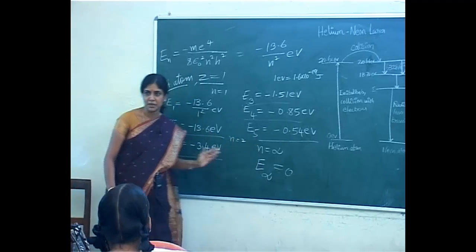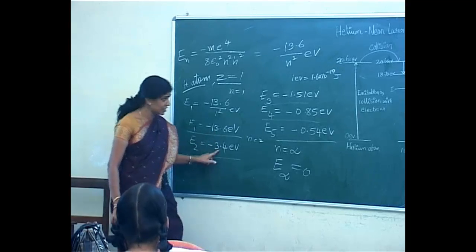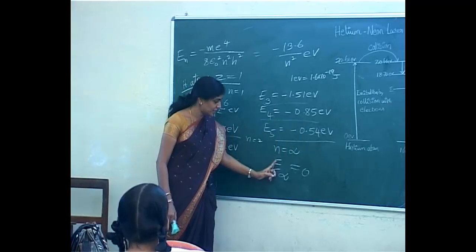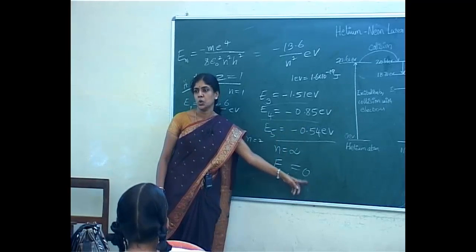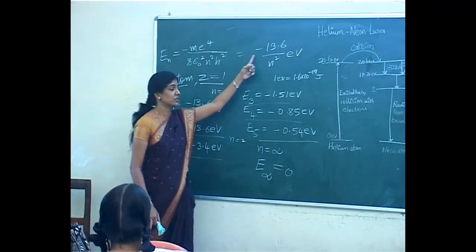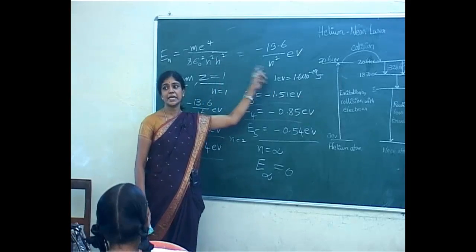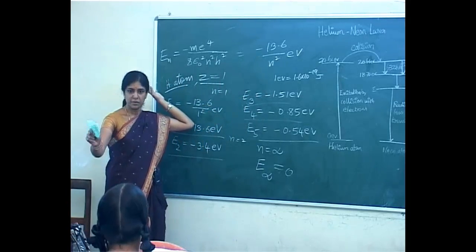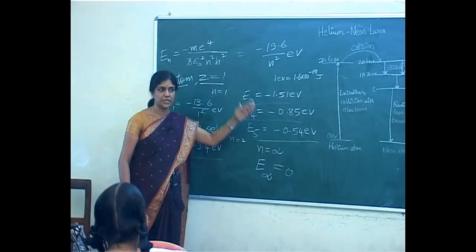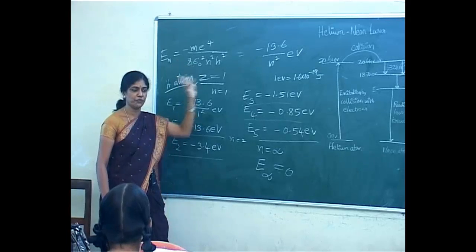Compare: this is greater than minus 13.6, and the next one is greater than this. So when it is in its infinite orbit, it becomes 0. So as the order increases, the energy also increases. That is what the negative sign shows. Usually with an inverse proportion, as the order increases, energy decreases. But the negative sign shows that as the order increases, energy also increases and approaches its maximum value.